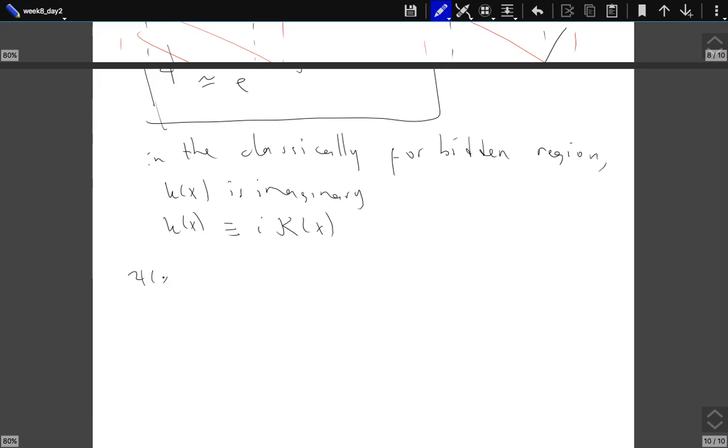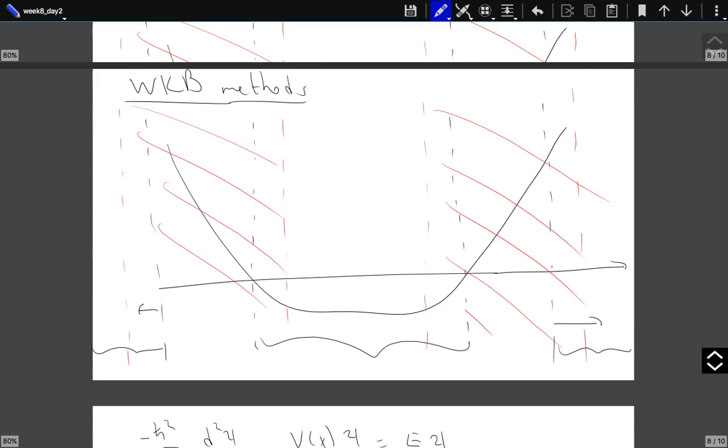So psi of x is e to the power minus integral of kappa of x prime dx prime, integrated up to x for x goes to infinity. In this region, this is the x goes to infinity range, this is the x goes to minus infinity range.